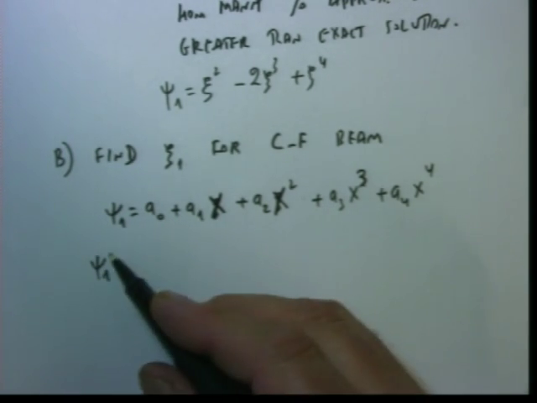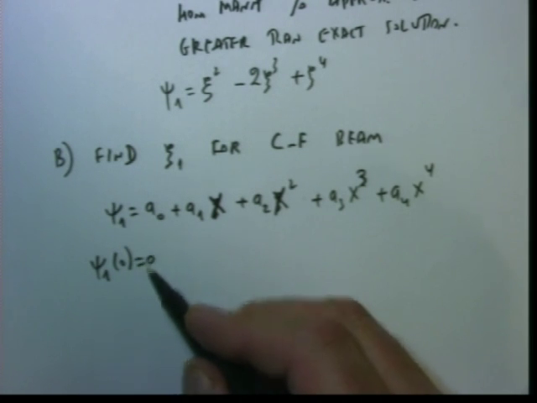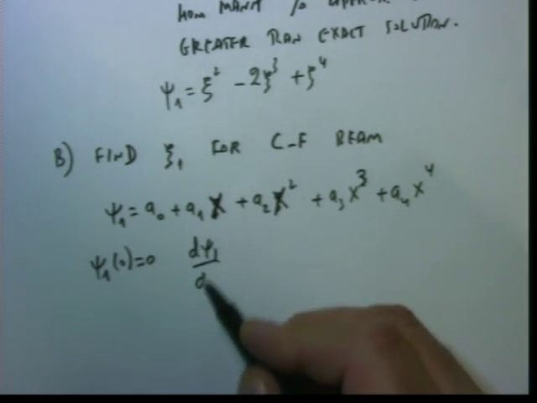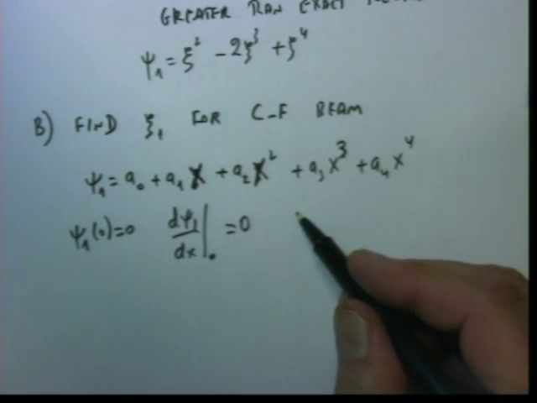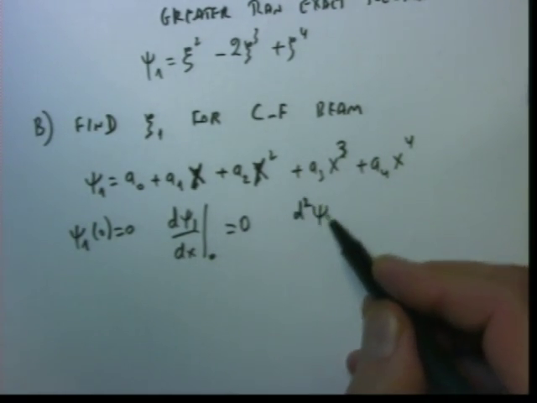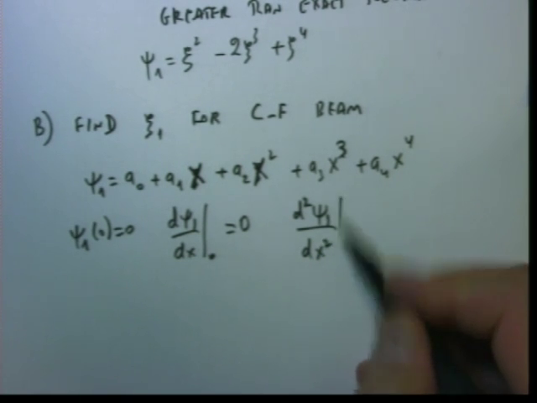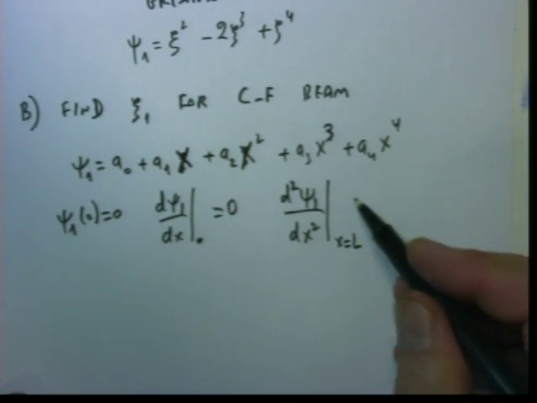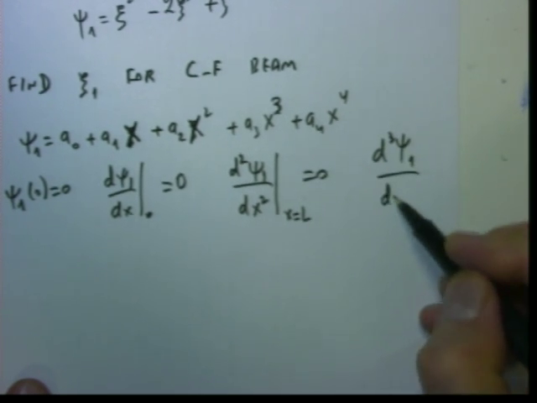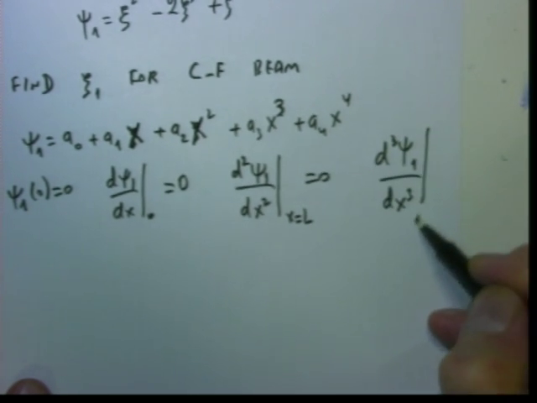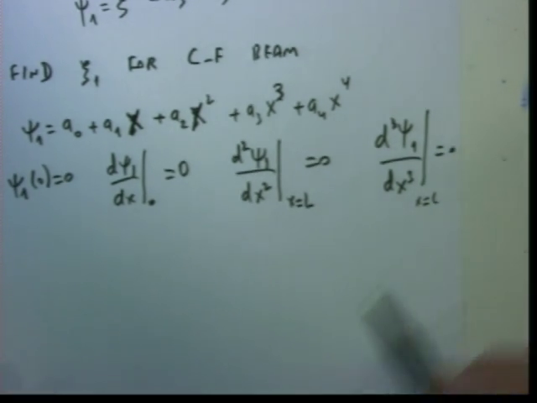Psi1 clamped free at 0 equals 0, d psi 1 dx at 0 equals 0. Then d2 psi 1 dx square at x equals L is 0, and d3 psi 1 dx cube at x equals L is 0.